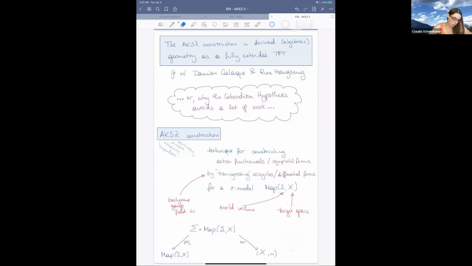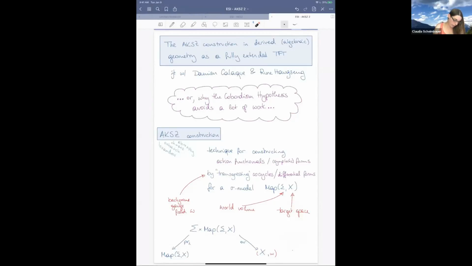And well, what does transgressing mean? If we take our sigma model maps from sigma to X, we have a nice diagram as follows. And there will be many diagrams that look similar to this that show up. This is a span. So if I take sigma cross maps sigma X, I can evaluate down to X. And on the other hand, I can just project onto the second component over there.